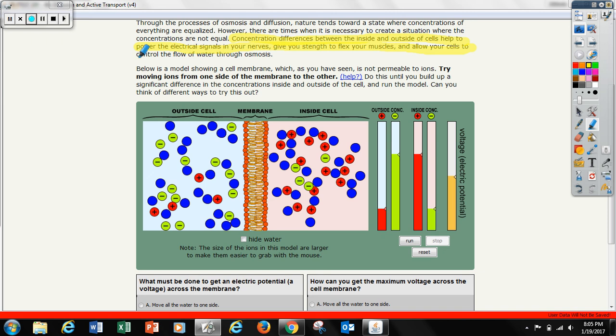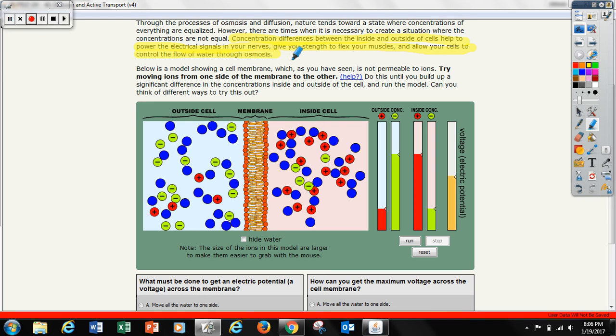Electricity is what allows you to move, whether that's moving your muscles, sending signals up through your nerves, or allowing your cells to control the flow of water through osmosis. That has to do with the expanding and contracting of the cells, which goes back to the osmosis we just talked about. It's what allows your heart, which is a muscle, to pump.